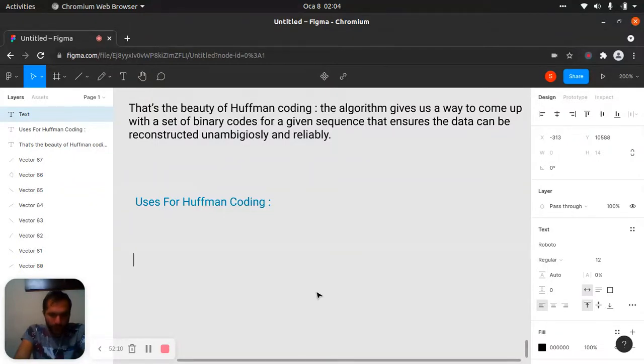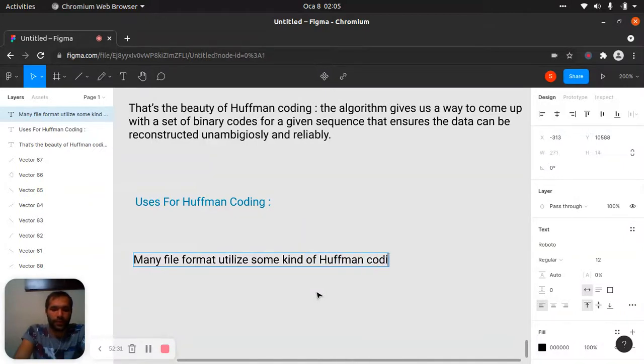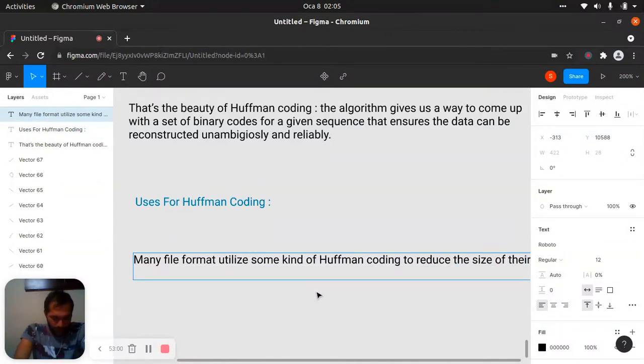Many file formats utilize some kind of Huffman coding to reduce the size of their files.